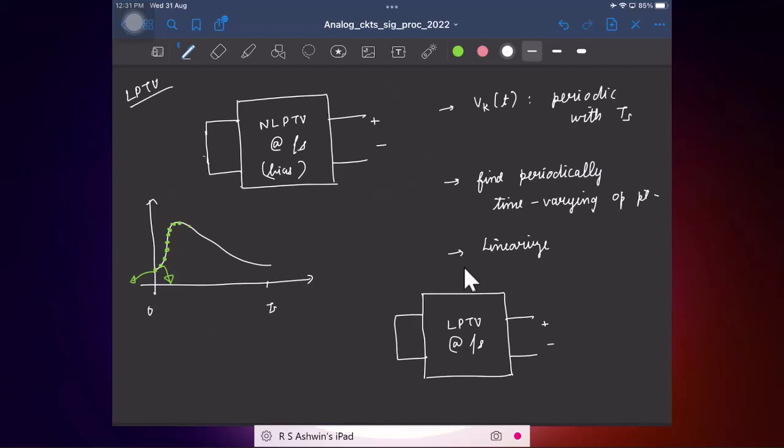And for example, if you take our band pass filter, this was the circuit. There is no input applied. Let's say phi1 of t and phi2 of t. Now in this circuit, what voltages are varying periodically with time? I know definitely that this voltage is 0 and this voltage is 0, but that's not the entire circuit, right?